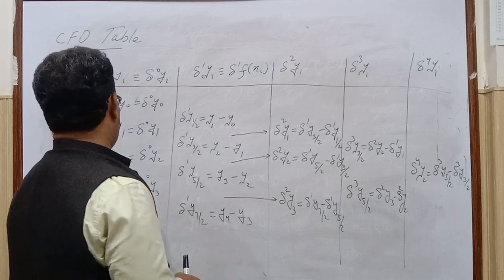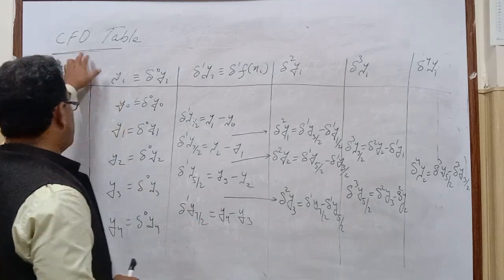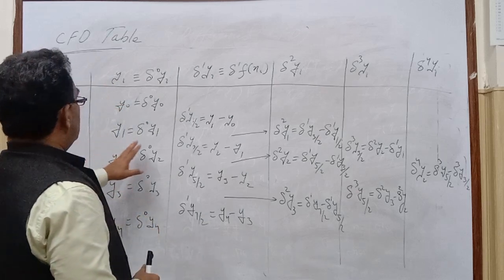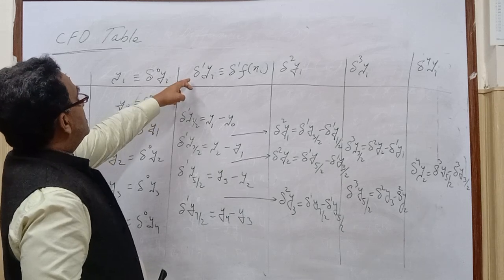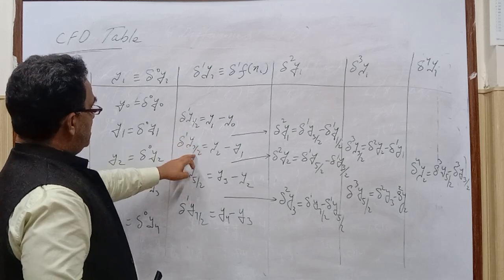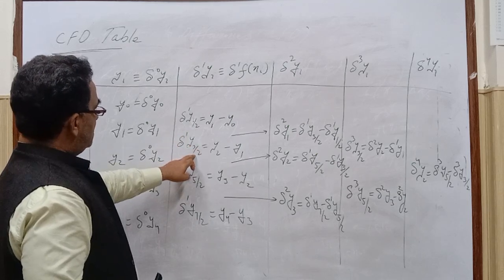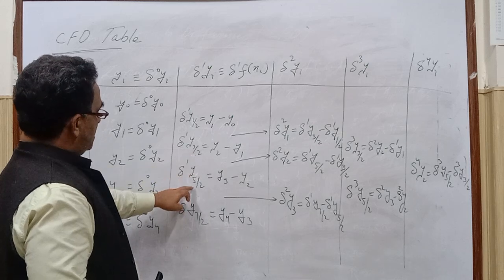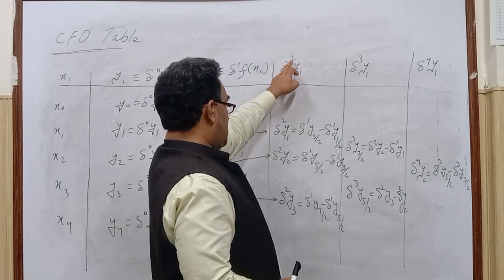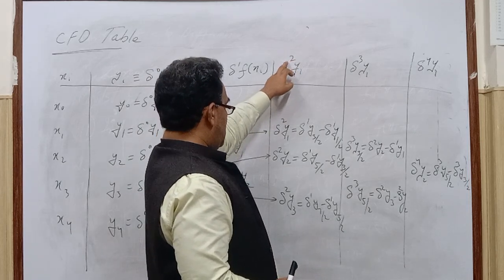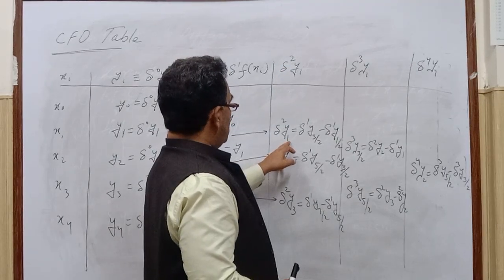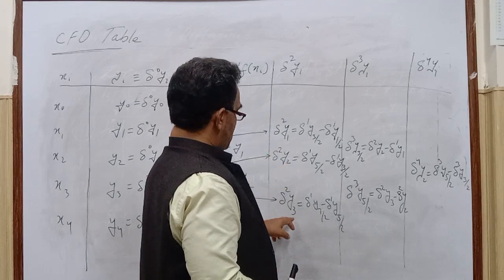So this is the table of central finite differences, and the specialty in this table is that the odd level CFD columns involve fractional suffix values as the index values, and the even level CFDs involve suffix values that are positive integral values.